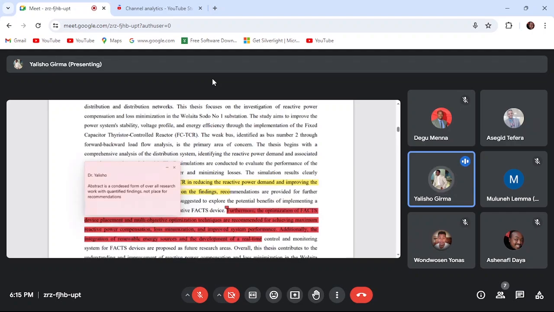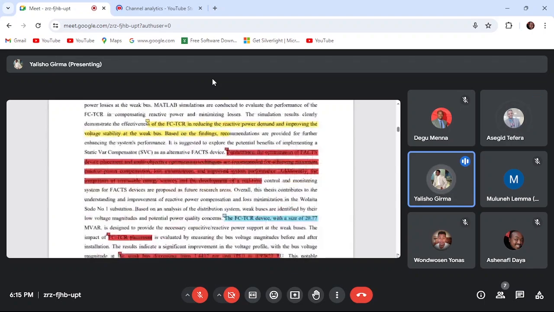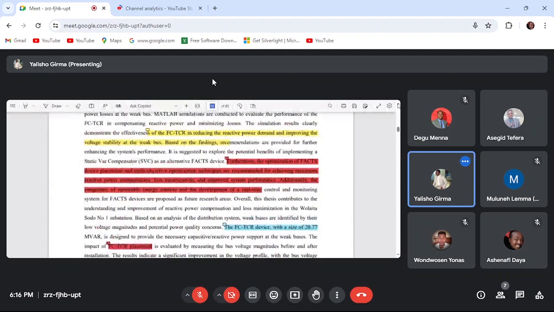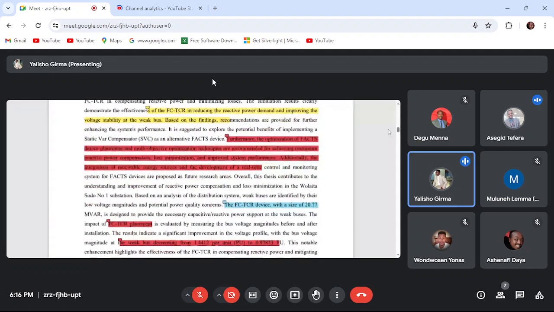For instance, "Furthermore, the optimization of FACTS devices placement and multi-objective optimization techniques are recommended." Abstract is not a place for putting recommendations. This is a place where the research findings and quantitative figures are placed, okay?